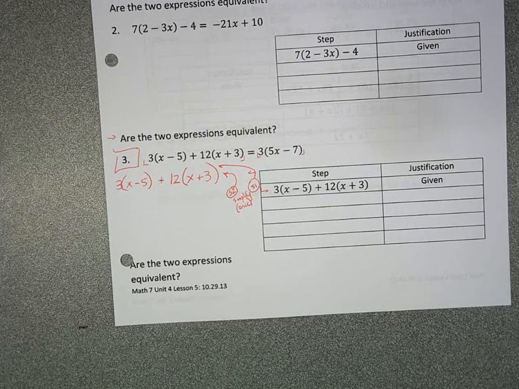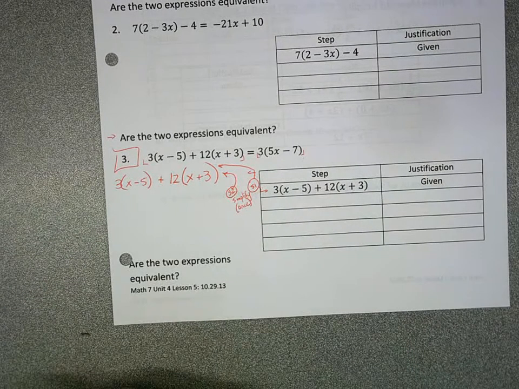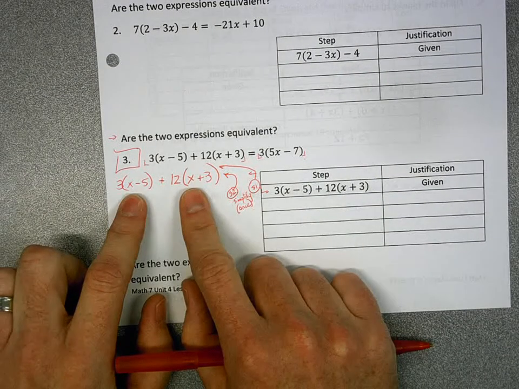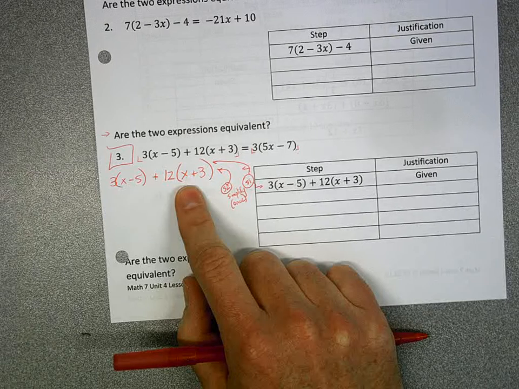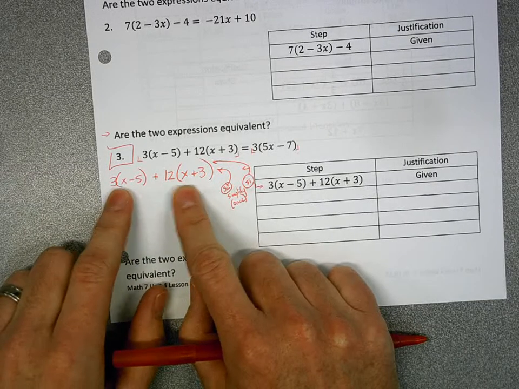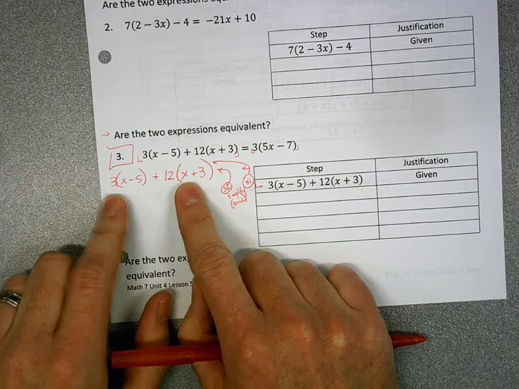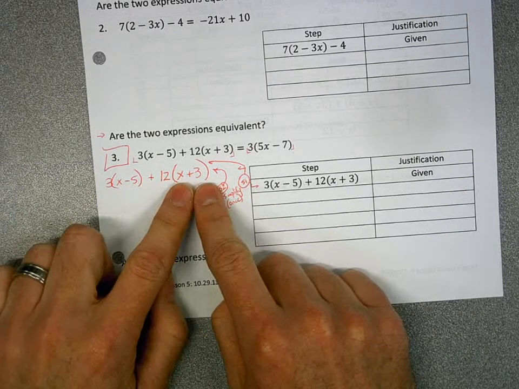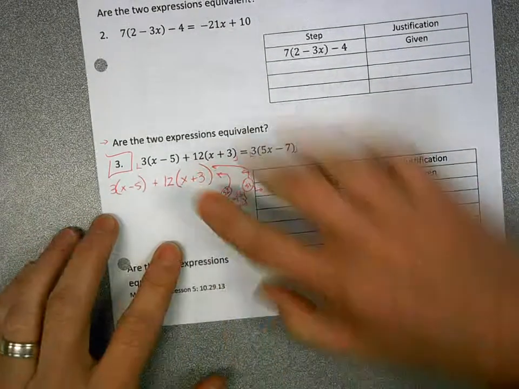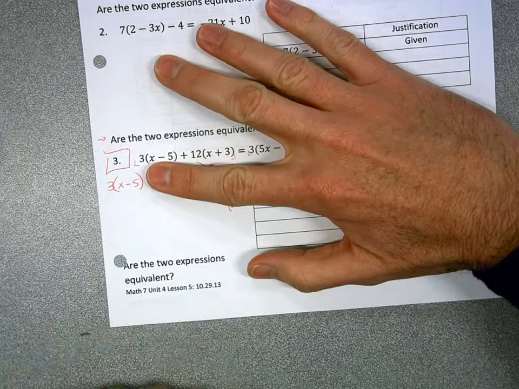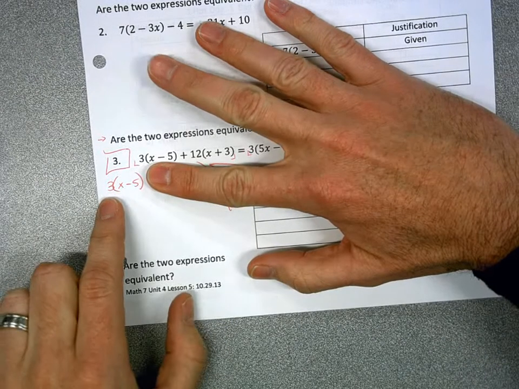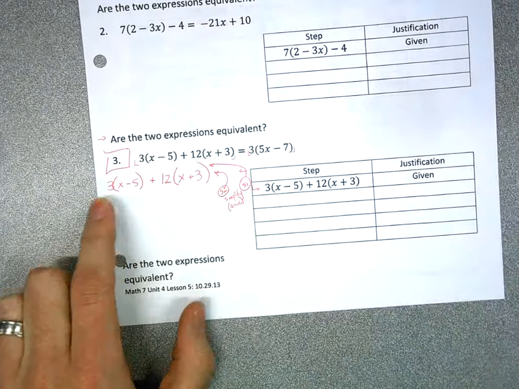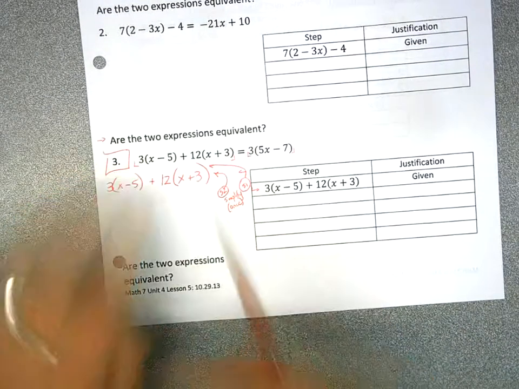Now, the part I'm looking at is the fact that there are parentheses, and we have to get rid of those. And what I'm looking at is I have 2 sets of parentheses. If I was to simplify that, I'm going to use the distributive property. That's what we've talked about in this chapter. So I'm actually going to do it with that and with this.